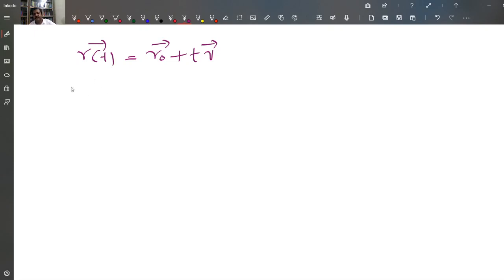In the GeoGebra window, you first define the vector m as r naught, with components x naught, y naught, z naught, and n as the vector v, with components v1, v2, v3.